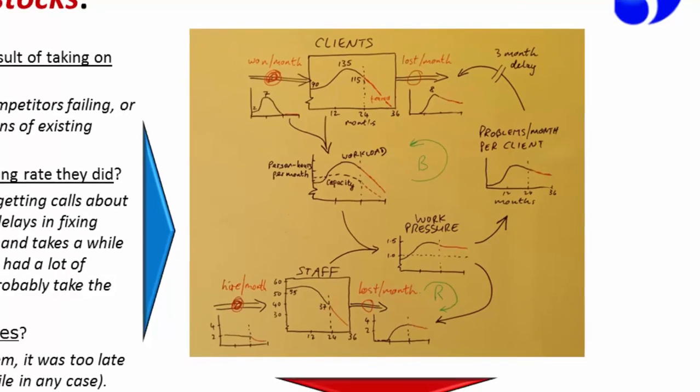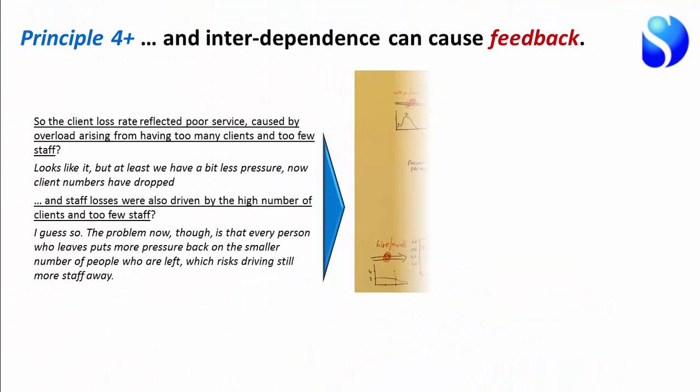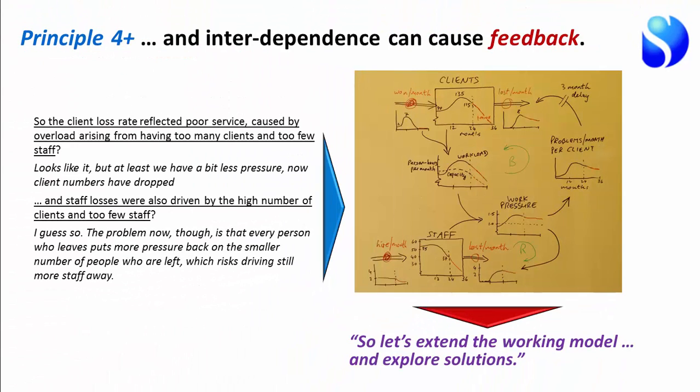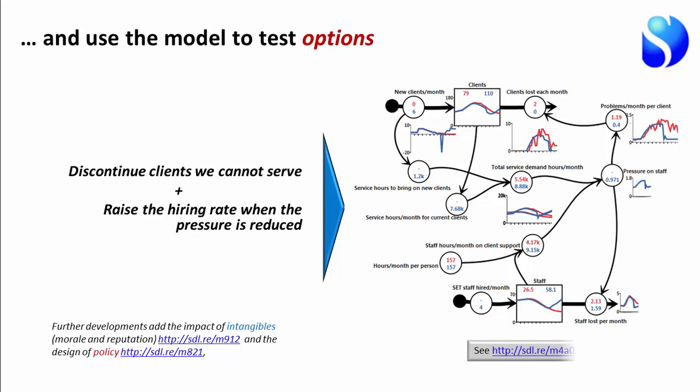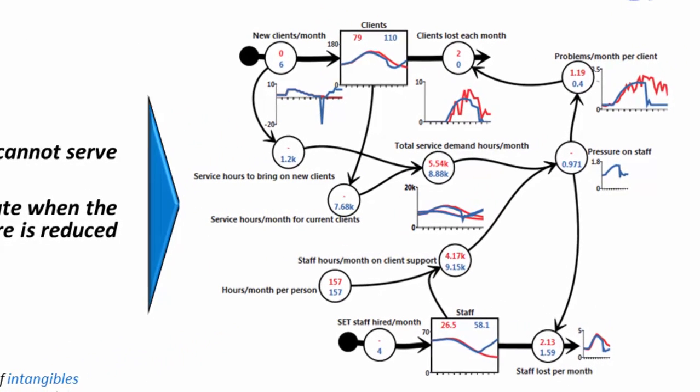Okay, so let's extend the working model, and now we can start exploring some solutions. One solution was, we clearly can't cope with the clients we've got, so let's deliberately discontinue some of the clients that are most difficult for us. Actually go and help them find somebody else to support their IT needs.